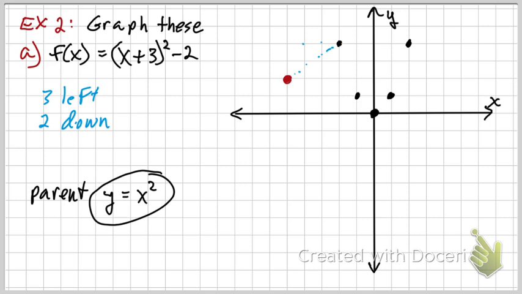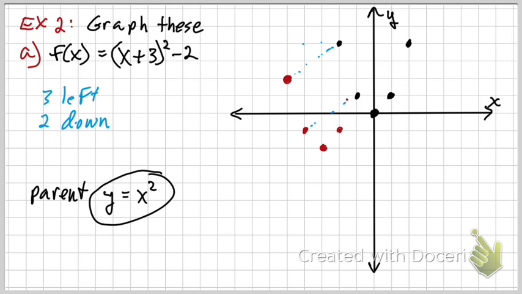This negative 1, 1 point, it's going to go 3 to the left, 2 down. So this one translated to here. My 0, 0 point, 3 to the left, 2 down. So my dots in red are where the black dots translated to. My 1, 1 point, 3 to the left, 2 down.